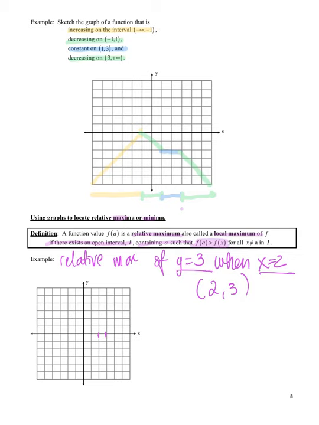So x is 2, y is 3. We have a max of 3 when x equals 2. So this is the point. Then anywhere else has to be lower. That is the max. And I can define it on this interval here. I'm just saying there exists an interval, a little neighborhood around this point where there is no point higher, no y value larger than this point.